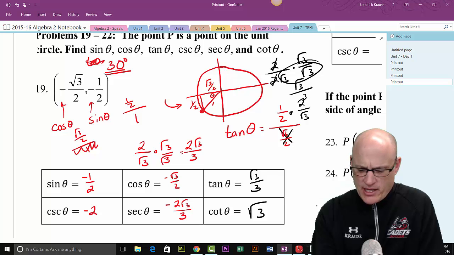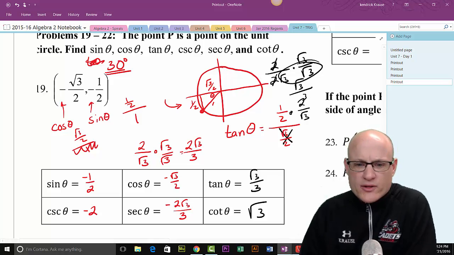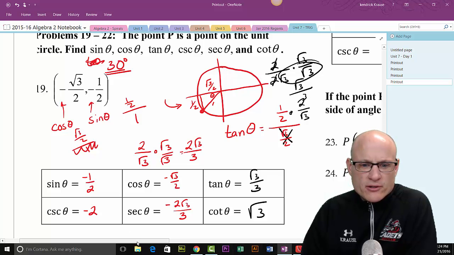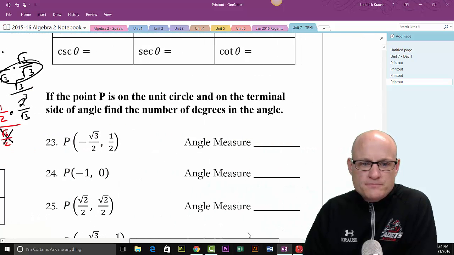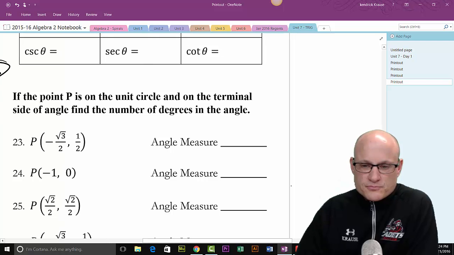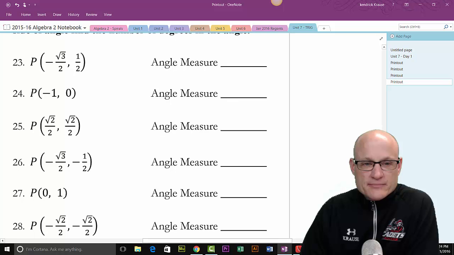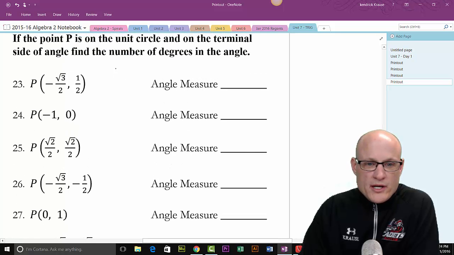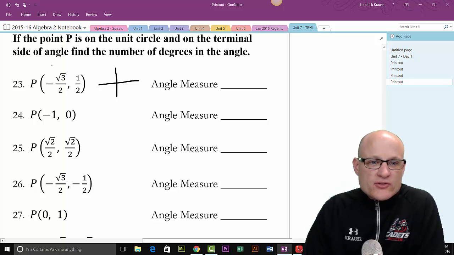I think I wanted to end there, but I want to talk a little bit about this over here with you. I want you to think about what these reference angles mean. See, we're on the unit circle, remember?